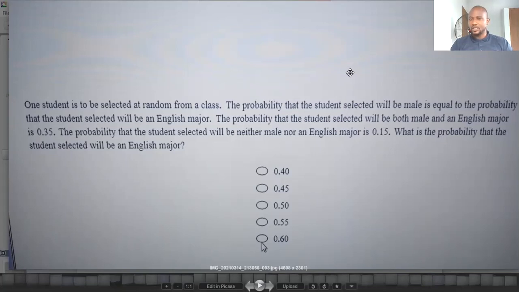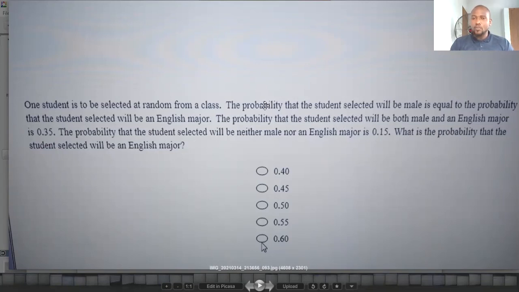The probability that the student selected will be male is equal to the probability that the student selected will be an English major. The probability that the student selected will be both a male and an English major is 0.35. The probability that the student selected will be neither male nor English major is 0.15. What is the probability that the student selected will be an English major?